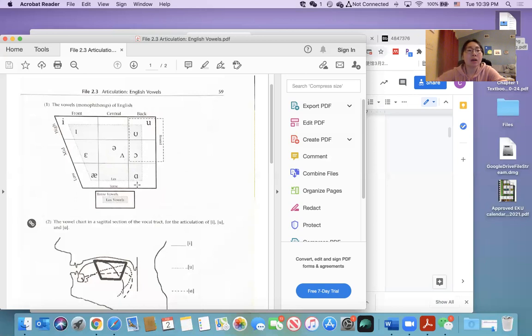Okay, and the ash, for example, is called a low, front, lax, and unrounded vowel. Okay, so we have four descriptors to describe each vowel. And so if a vowel is low, back, unrounded, and lax, we know it's the script a.